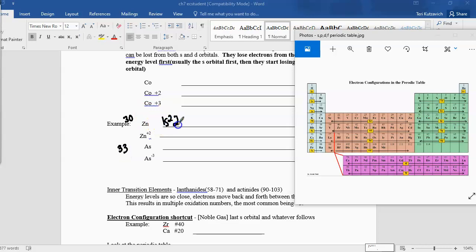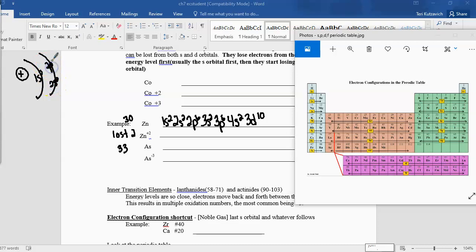It's a 1s2, a 2s2, a 2p6, a 3s2, a 3p6, a 4s2, and a 3d10. Now this zinc plus 2 means that you lost 2 electrons. So how do we know which ones to lose? Remember that exception for transition elements. You have to lose your outermost electrons.